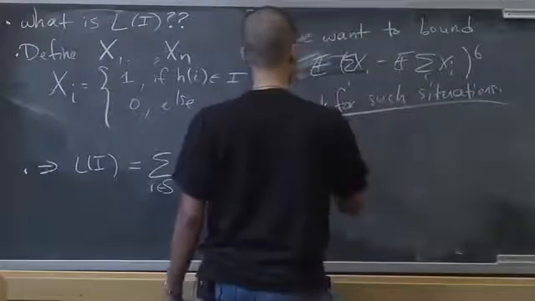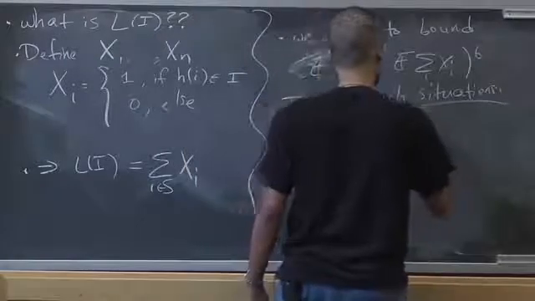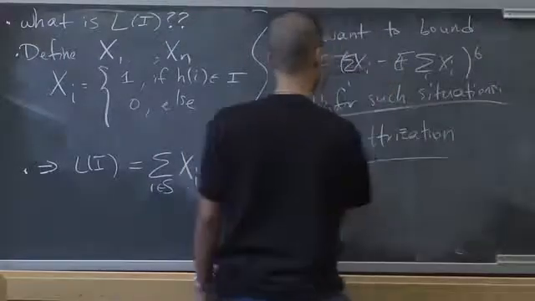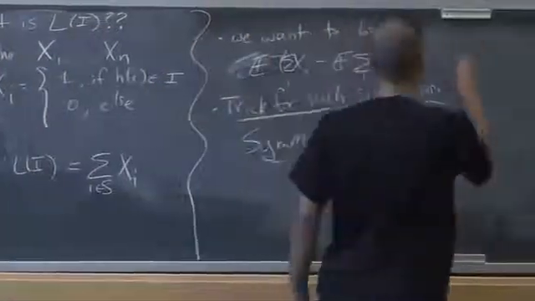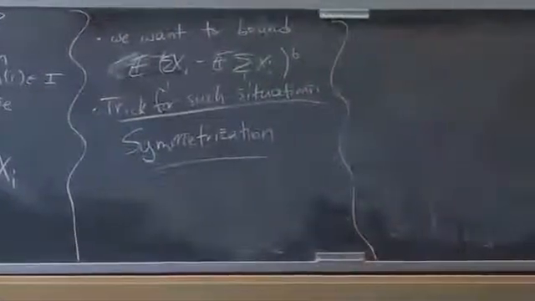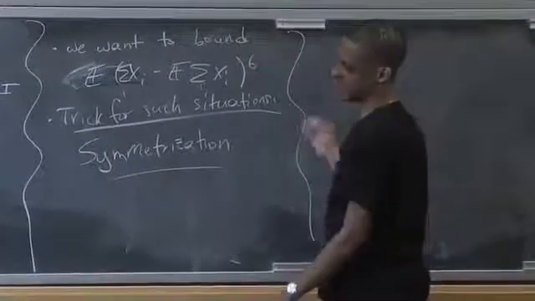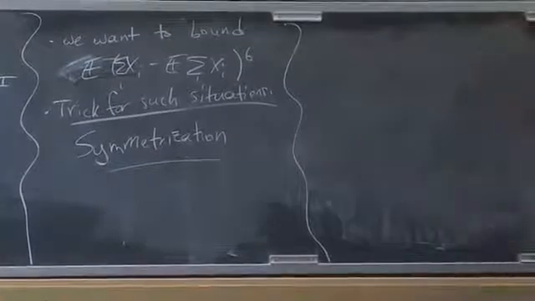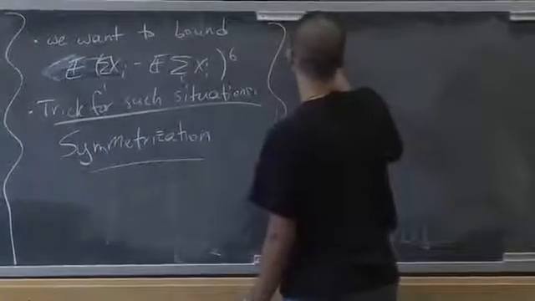is what I'll call symmetrization. Okay. So what's that trick? So I'm going to make a claim, which I'm not going to justify. You can look it up if you want. So fact.